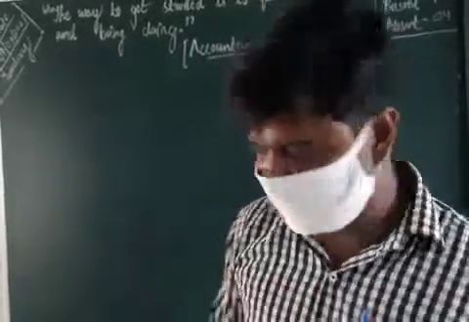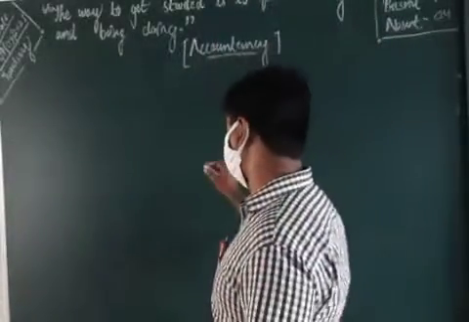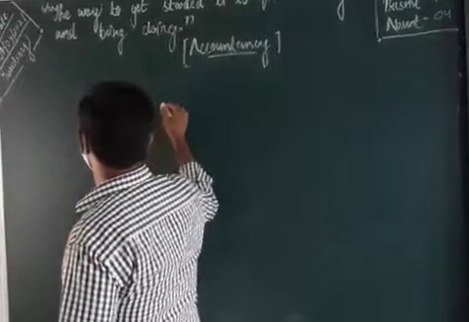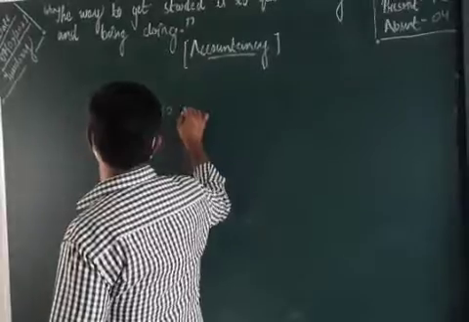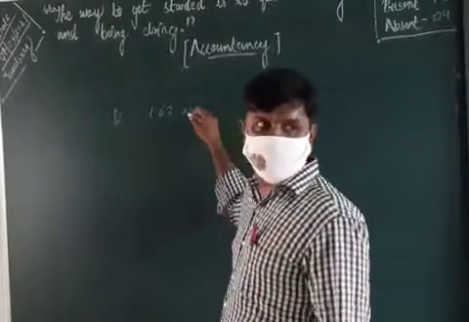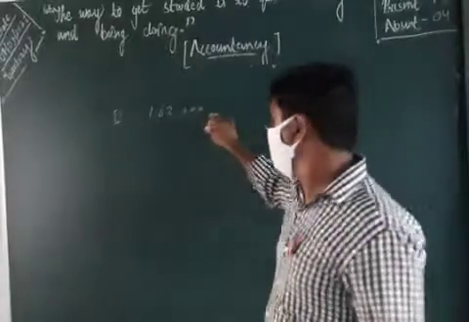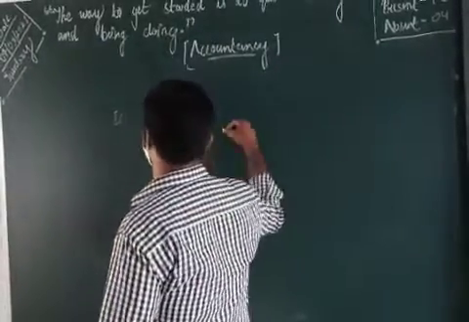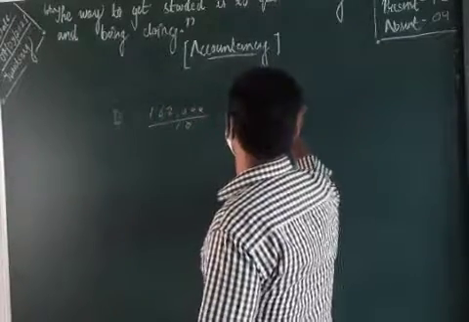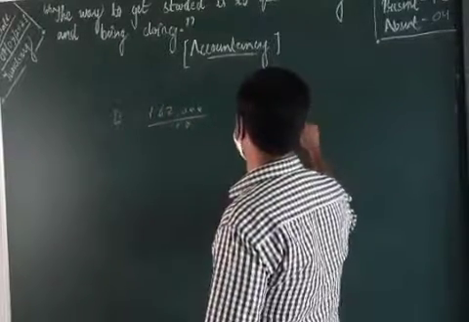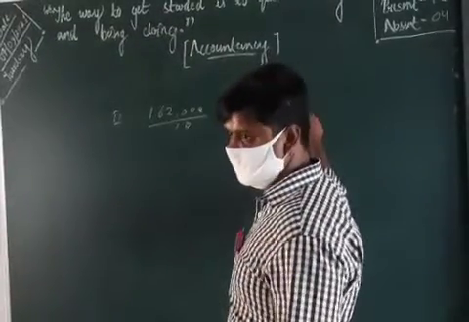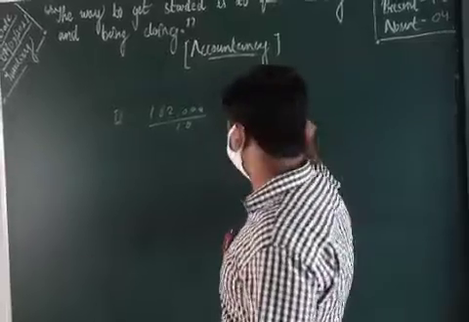In the third year, the beginning is 1,62,000, and at the end we find 10%, which is 16,200. This is the depreciation amount.